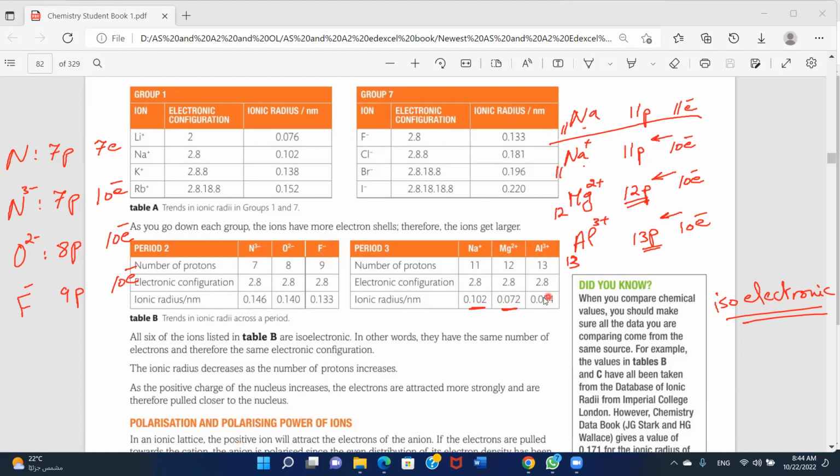For isoelectronic, the more the positive charge, the smaller will be the radius. But the more the negative charge, the bigger will be the radius, because the number of electrons exceeds the number of protons too much, and that's why the attraction force is the smallest, and it will have the biggest radius of all, of course. This is the smallest radius of all, and this is the biggest radius of all.